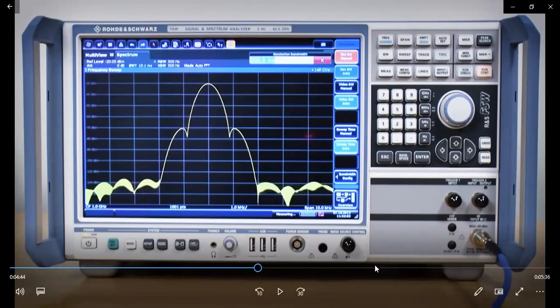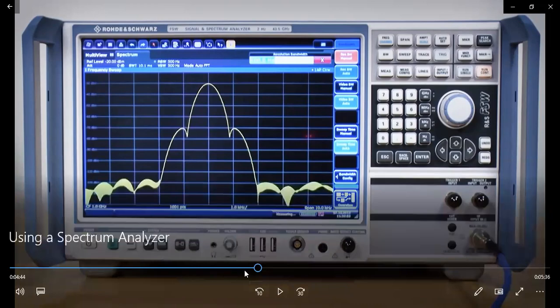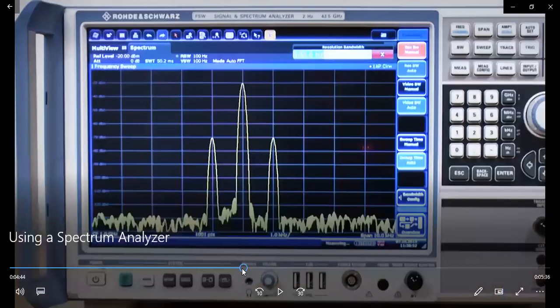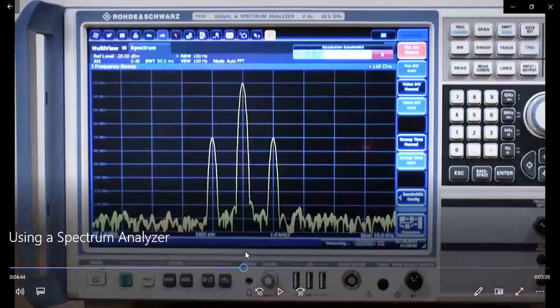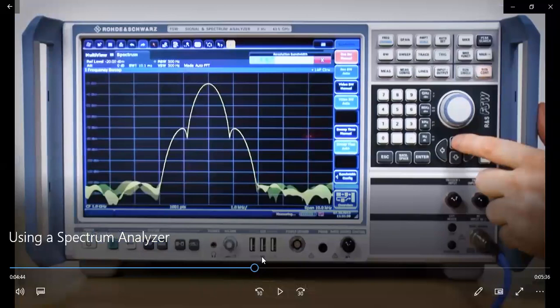See, a while ago the RBW was lower, so it could separate the power levels at these different frequency chunks. But when you increase the RBW, things get sort of merged. You cannot separate that well.